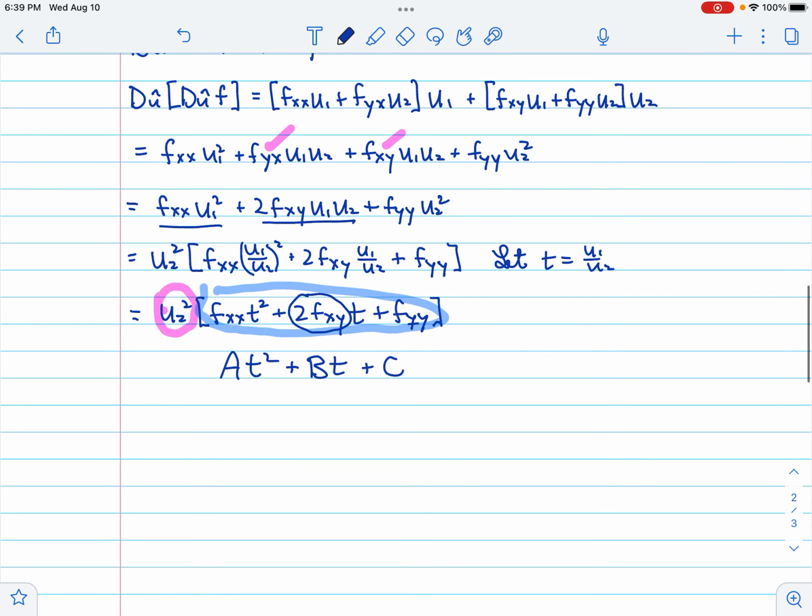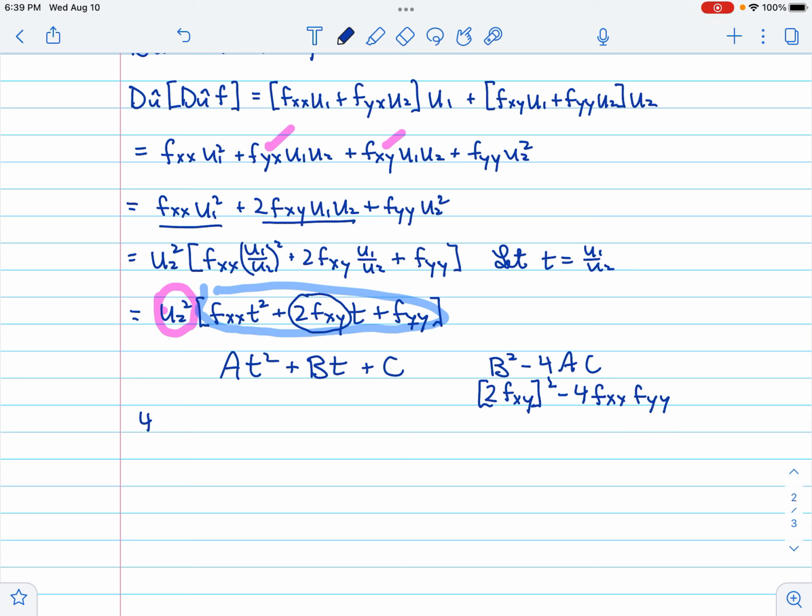Let's do that here. So here's what I've got. I've got b squared minus 4ac. Well, let's see what that looks like. Well, the b is 2fxy, squared, that's b squared, minus 4 times a, c. So here's what we've got now.